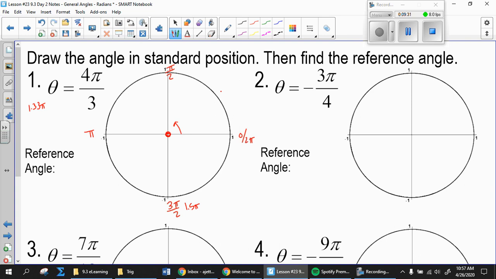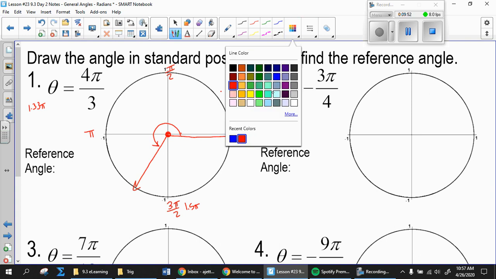So remember, in standard position, our initial side is here, it's going to be more than pi but less than 1.5 pi. My rotation here is going to start here and rotate to here.